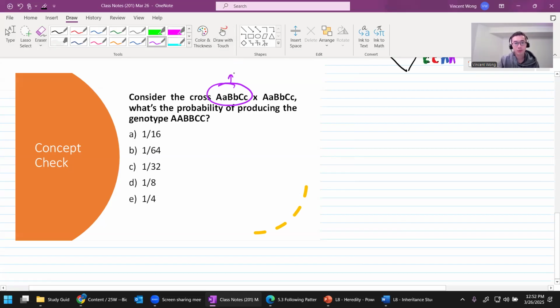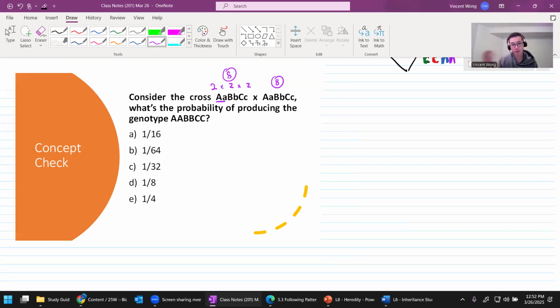That's right. So there are two possibilities for gene A, two for gene B, and two for gene C, which means there are eight possible gametes. Same thing here, eight possible gametes. If I do the Punnett square, it will be 64 different combinations, and it's too much work.